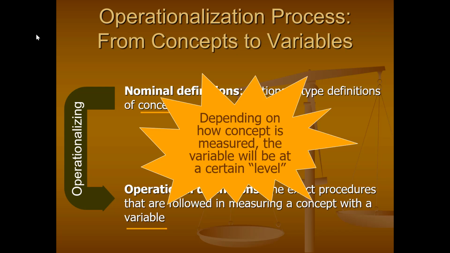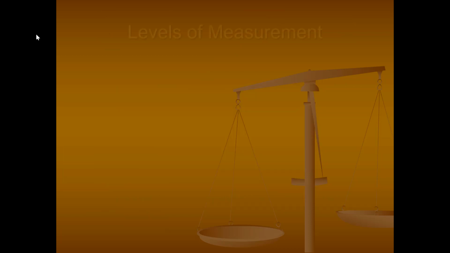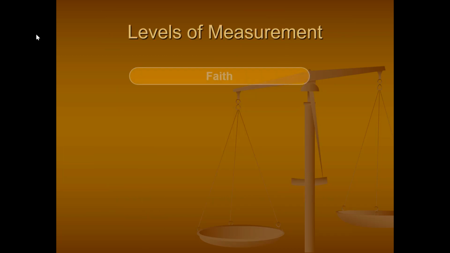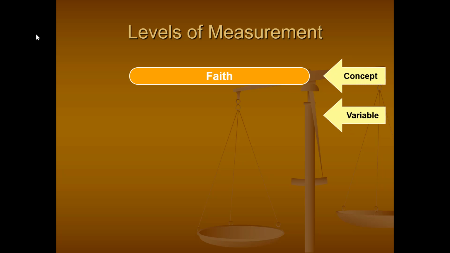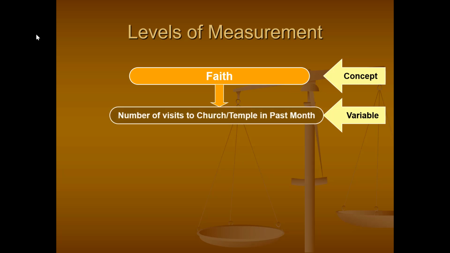But you're probably asking yourself, what does she mean by level? Well, let me explain that by going over a variable that I went over in the fundamentals video. If we have some concept like faith, and we decide to measure it, operationalize it, with a variable, one way to do it would be the number of visits to a church, temple, or any religious institution in the past month.